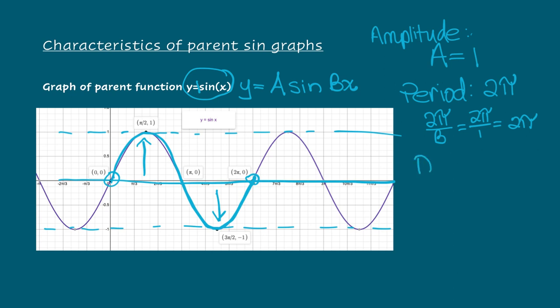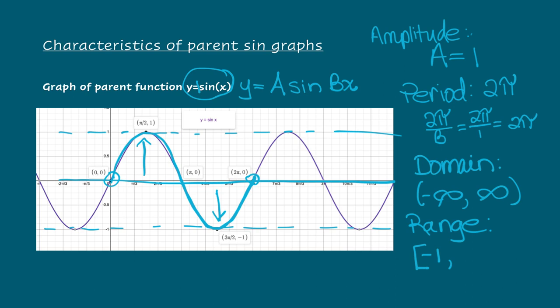My domain for the parent function, my domain for any sine function, is going to be from -infinity to infinity. It goes on forever in both directions. And my range is from -1 to 1.